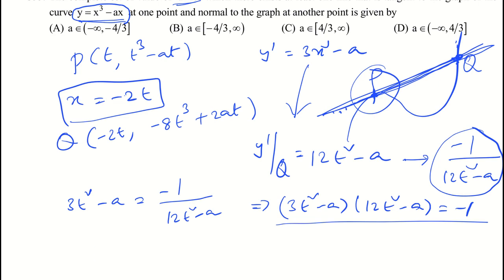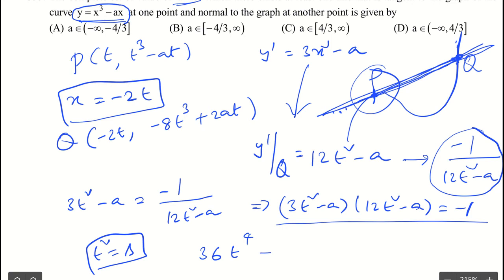So if I put t square is equal to s, then this equation becomes 36 t power 4 minus 15 a t square plus a square plus 1 is equal to 0. In the place of t square writing s, I'll have 36 s square minus 15 a s plus a square plus 1 equal to 0.